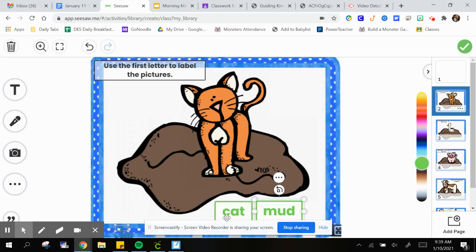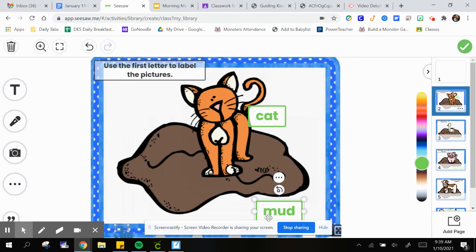So let's take a look right here at this word. It starts with the letter C, and C says what sound? K, k. Good job. What in this picture starts with a k, k sound? The cat, yes. So this word must be cat. So I can move the word cat next to the picture of my cat. Let's take a look at this word.